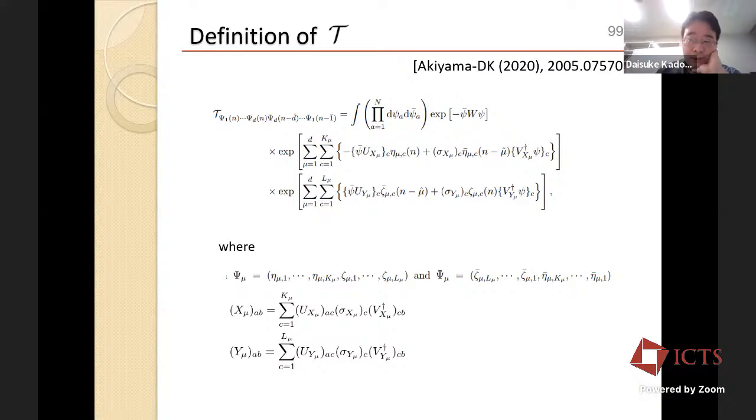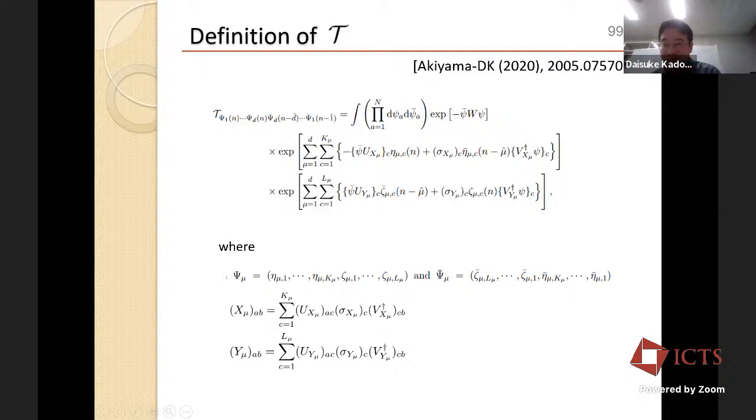The number of internal degrees of freedom, not the number of hopping terms per link, is K mu plus L mu. Basically K mu and L mu are the dimensions of X mu and Y mu respectively.